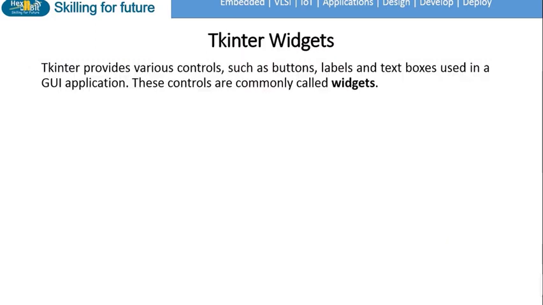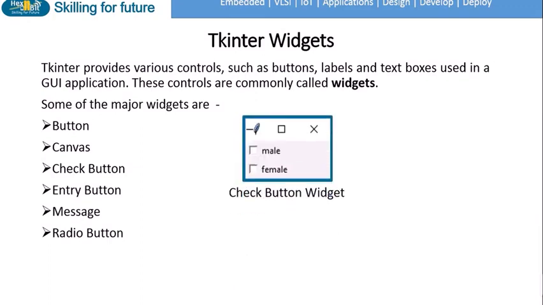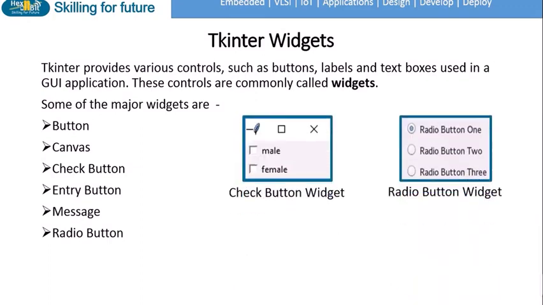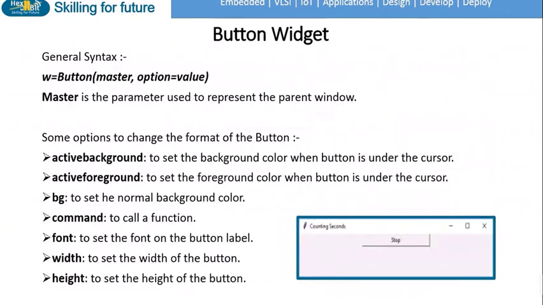Now that we have understood the general process to create a GUI, let us take a look at some of the widgets that are offered by tkinter. There are many widgets such as button, canvas, check button, radio button, etc. Let us discuss some important ones. The button widget is a UI element that is used to trigger any action upon click.